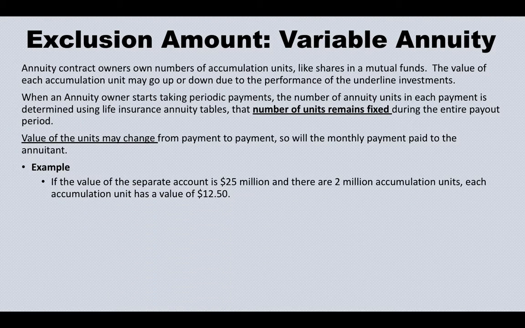So the example is the value of the separate account. This separate account is basically for your annuity policy. Say the entire value is $25 million, and there are 2 million accumulated units. So they can calculate how much money is in each unit, which is $12.50.